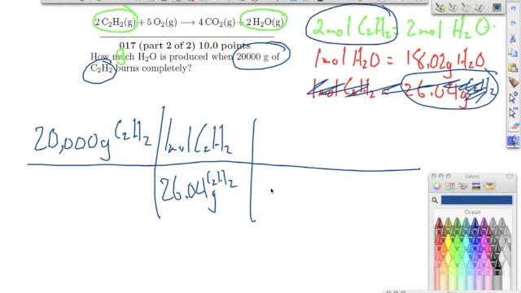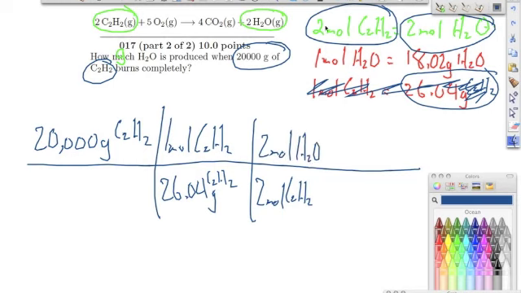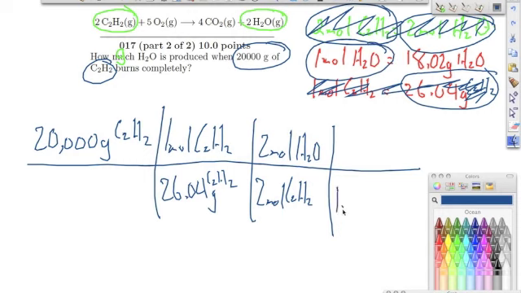So we put that on the bottom. 2 moles of C2H2 equals, and we put the other half on top, 2 moles of H2O. And that goes away because we used it. The only other thing, we look up here, it says moles of H2O. The only thing that says that is right there. 1 mole of H2O equals our 18.02 grams of H2O.